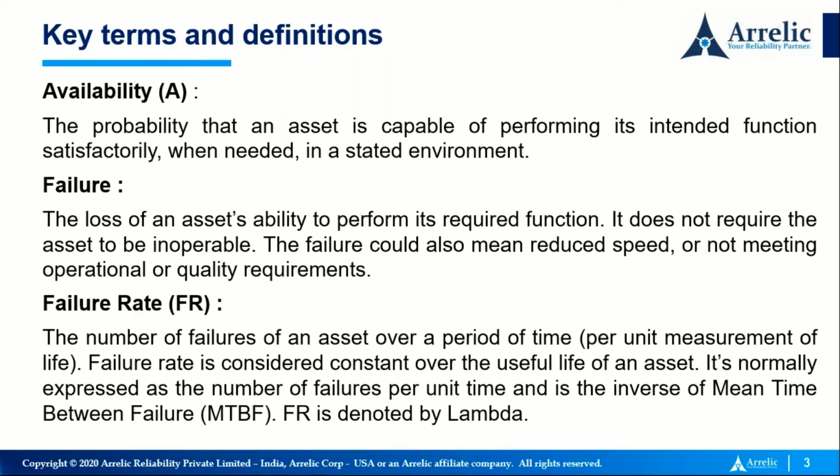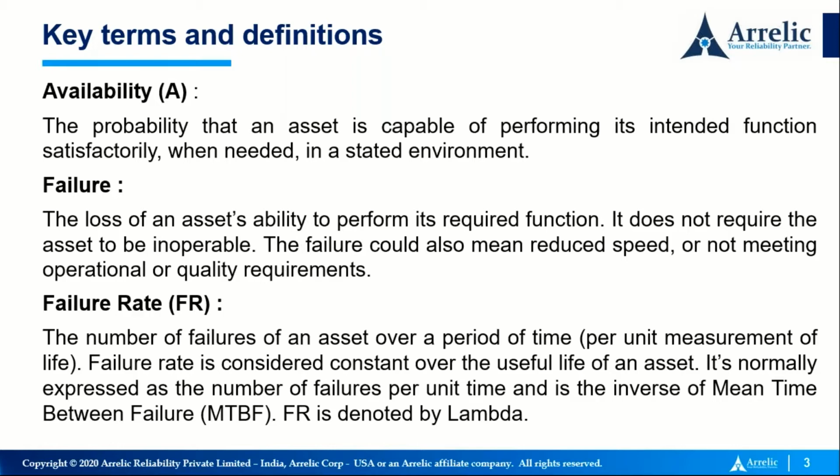Definition of failure rate, designated by FR, is the number of failures of an asset over a period of time per unit measurement of life. Failure rate is considered constant over the useful life of an asset.